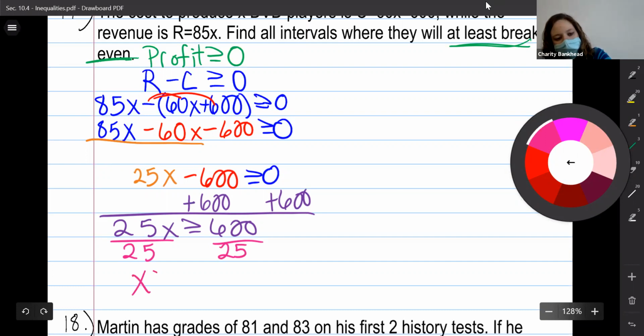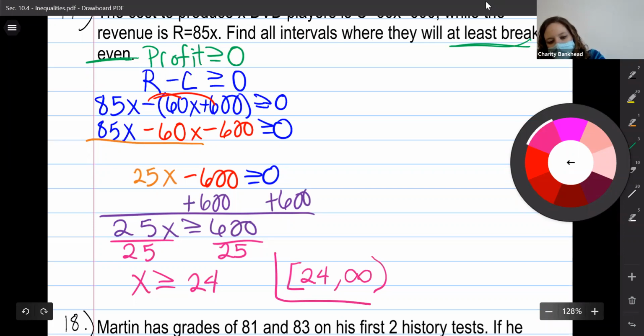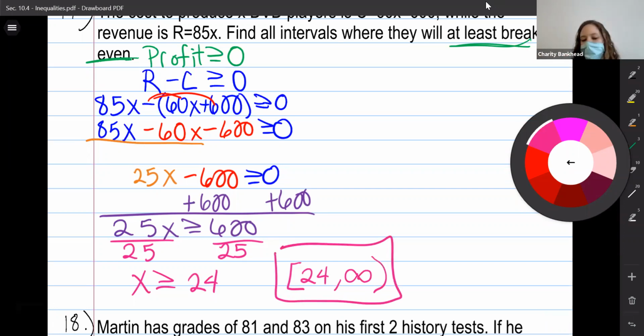So x is greater than or equal to 24. So it's asking for an interval. So it's going to be bracket 24 to infinity. So it means they need to produce and sell at least 24 DVD players to make a profit.